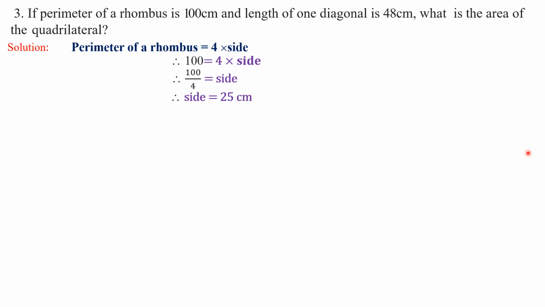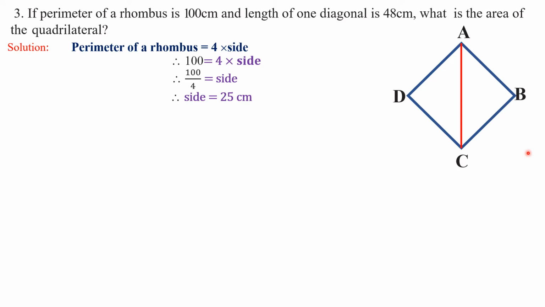To calculate the second diagonal, here we first draw the figure. Name it ABCD. Here we draw the diagonals AC and BD, intersecting at point P, and diagonals of a rhombus are perpendicular bisectors of each other. Means here 4 right angle triangles are formed.